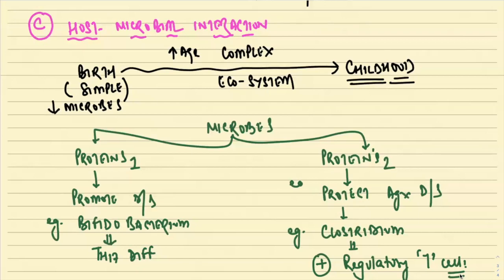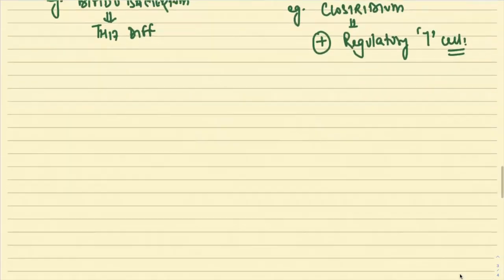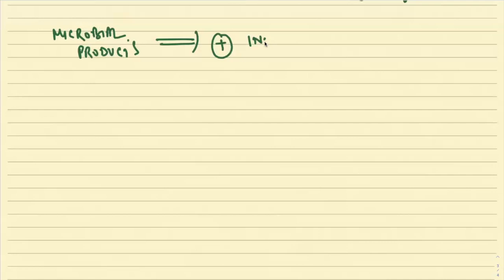Now, a very, very important thing is that these microbial products that are released are going to stimulate the receptors of the innate immune system. What is the innate immune system?